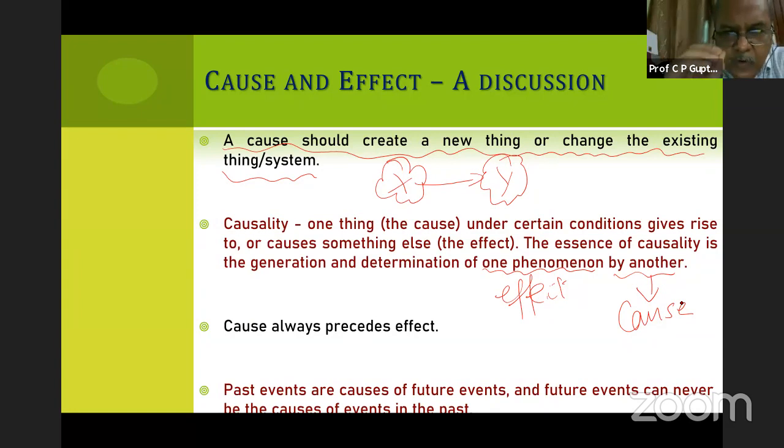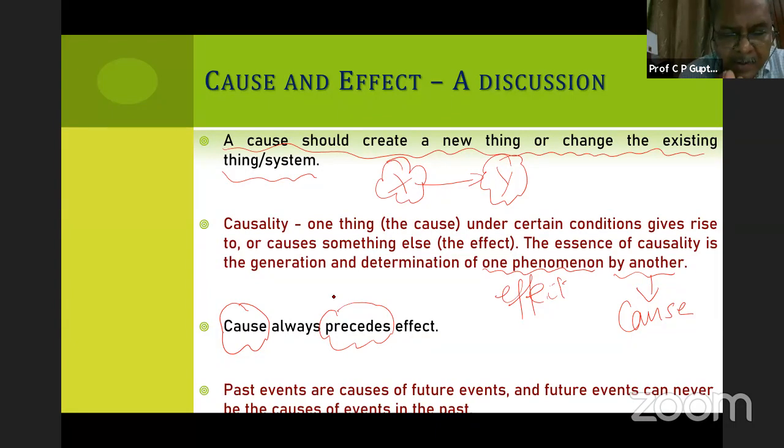Another thing we have to appreciate is cause always precedes effect. That's also a thinking about cause and effect. Okay, but many times you'll find cause and effects are happening simultaneously. They are going parallel also.